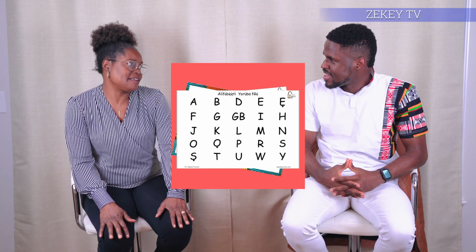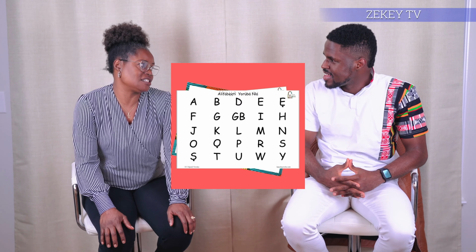Then Y is Yi. Then there's no Z. Oh, there is no Z. My bad. When I teach people Yoruba, I always think that there is a Z.